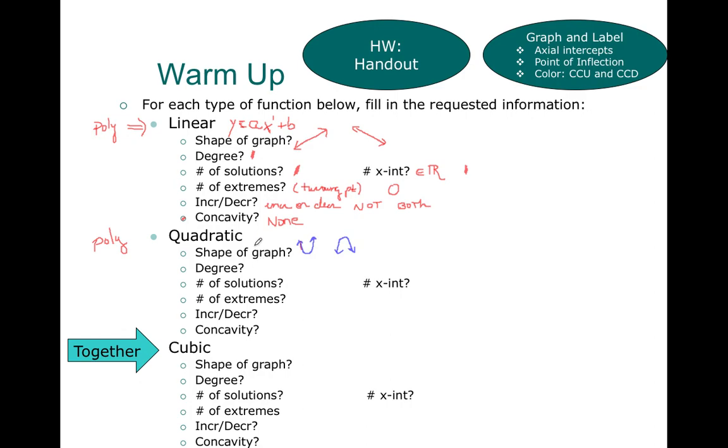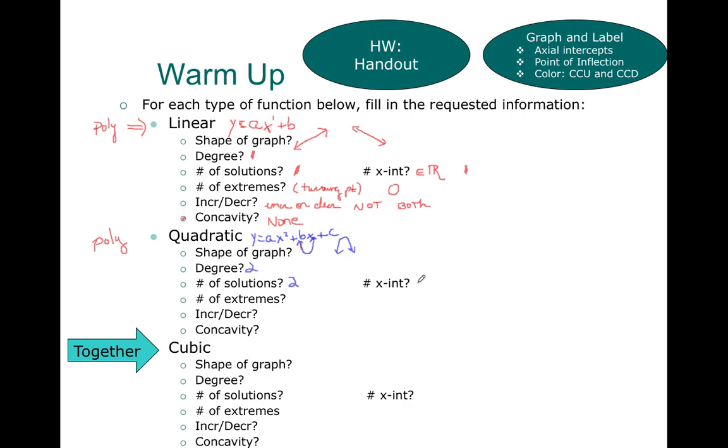What's the degree of a quadratic? Dilation factor, independent variable squared. Right? The degree of a quadratic is 2. The number of solutions. Every quadratic has 2 solutions.